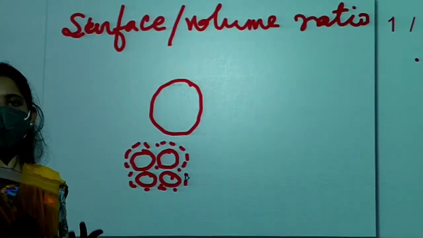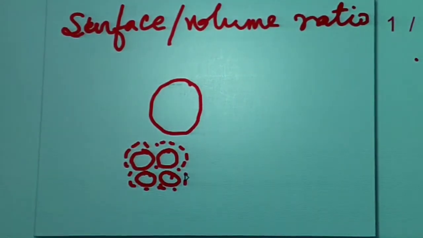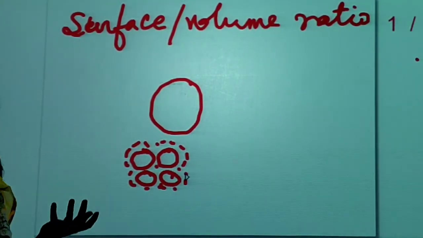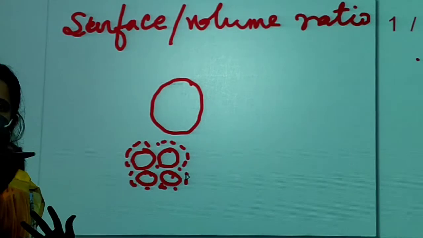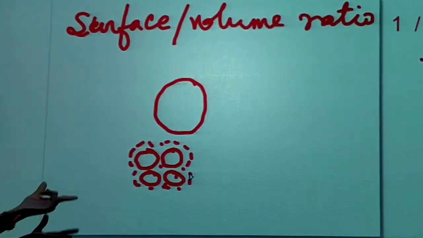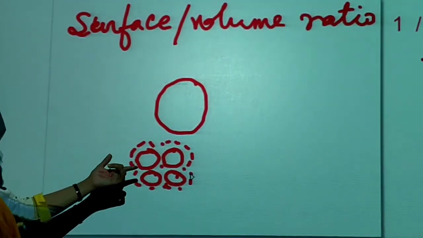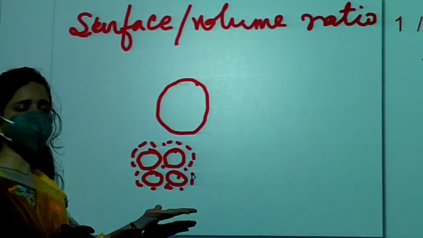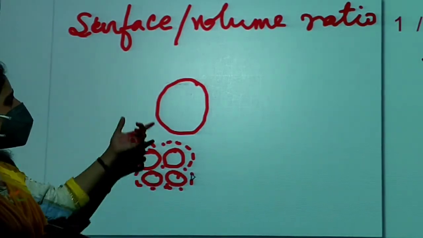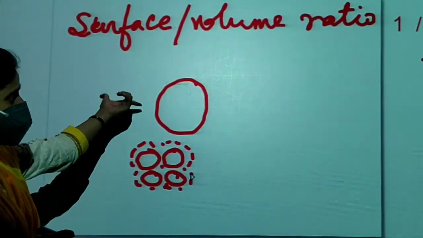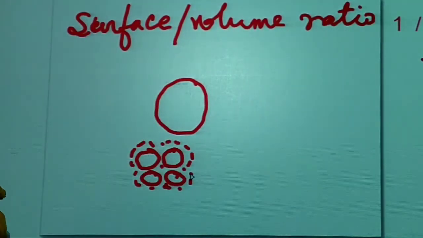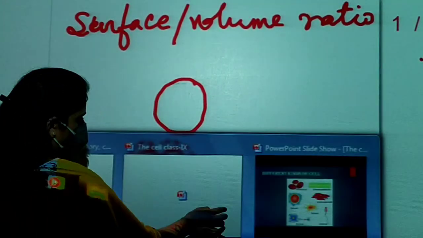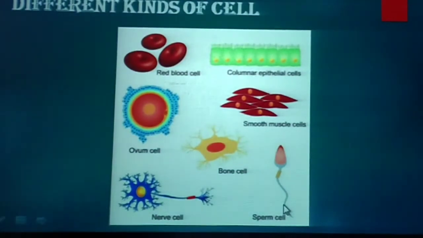Substances like nutrients enter the cell, and respiratory gases like oxygen enter the cell, while carbon dioxide leaves the cell. These are the facilities ensured by the surface volume ratio of the cell.